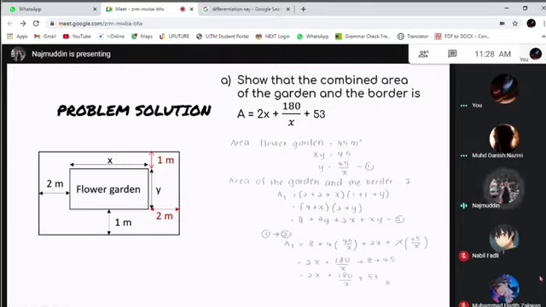You must multiply the length and the width. You will get 8 plus 4y plus 2x plus xy. After you get this equation, you must insert the value of y, and you will get the area of the flower garden and the border is 2x plus 180 divided by x plus 53.